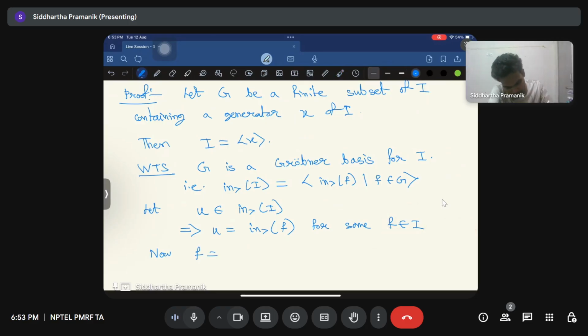So f has to be some g times x for some g belonging to the ring R.